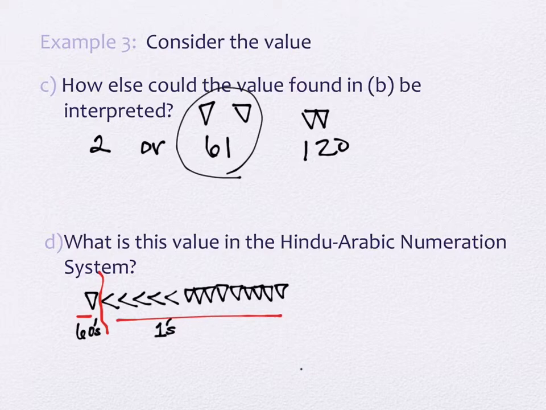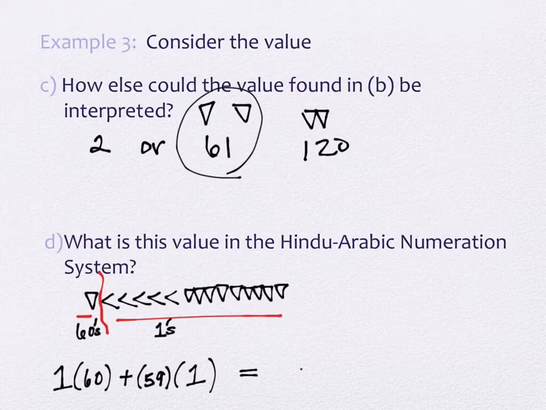There is a 1 in the 60s place. And what is the value in the ones place? 59. So what was the original number we started with? 119, right? Is that what we had? 119.